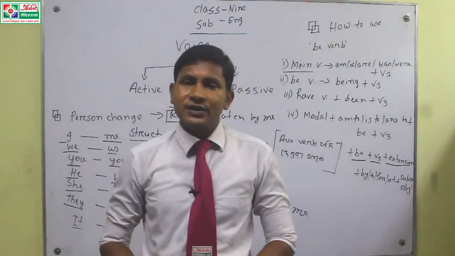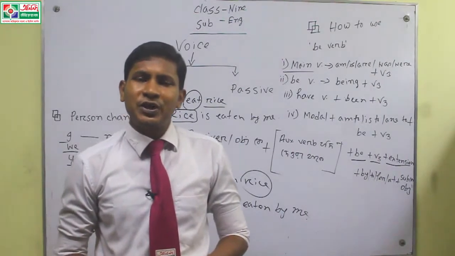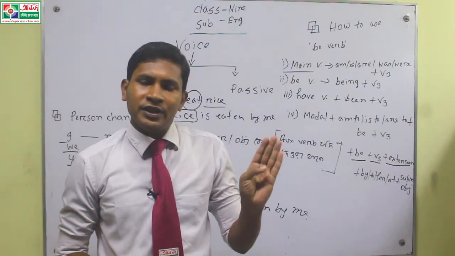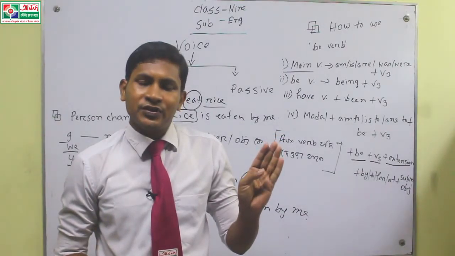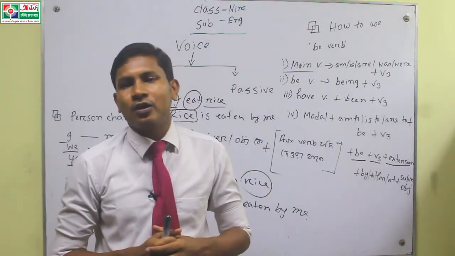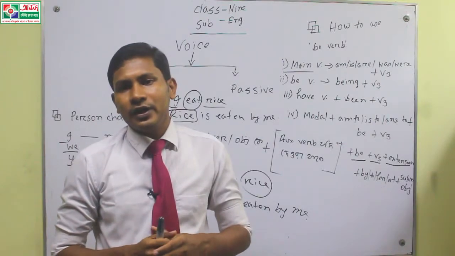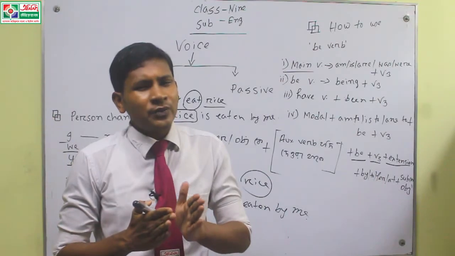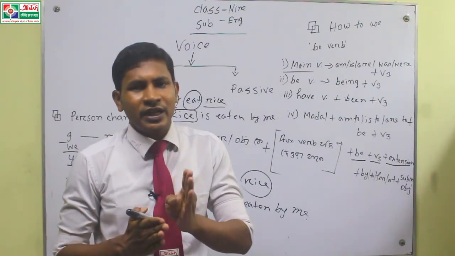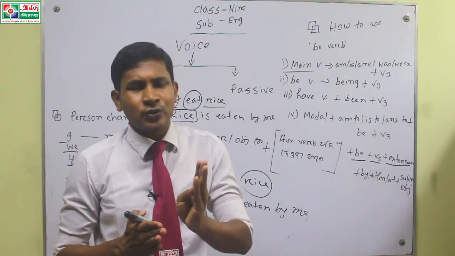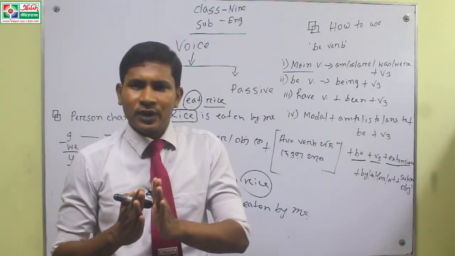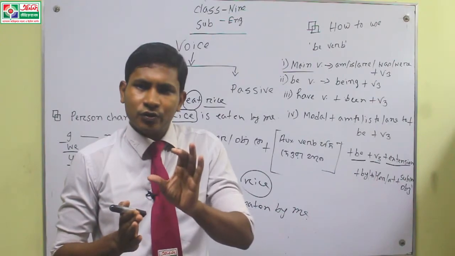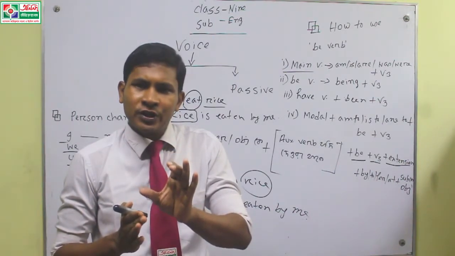Then we discuss how to use the be verb after modal auxiliaries and am to, is to, are to, is going to, these types of verbs. Now we learn how to use the be verb after modal auxiliaries and am to, is to, are to, is going to. Please watch very attentively, because this rule is most important.